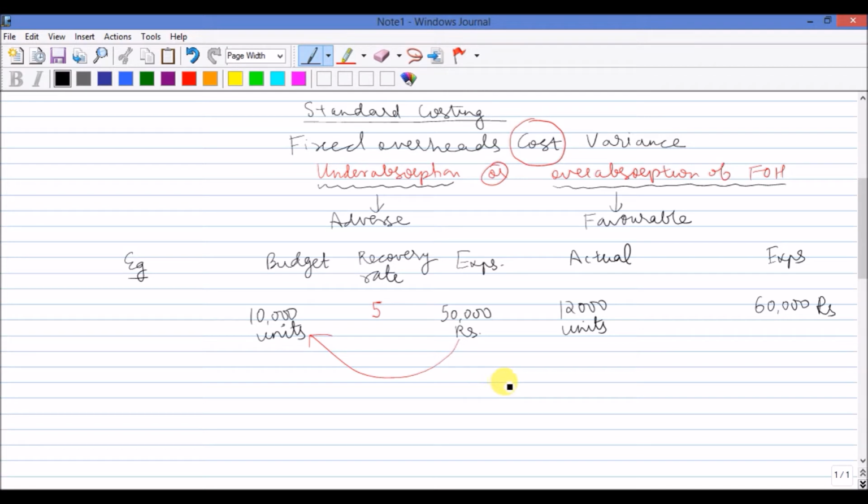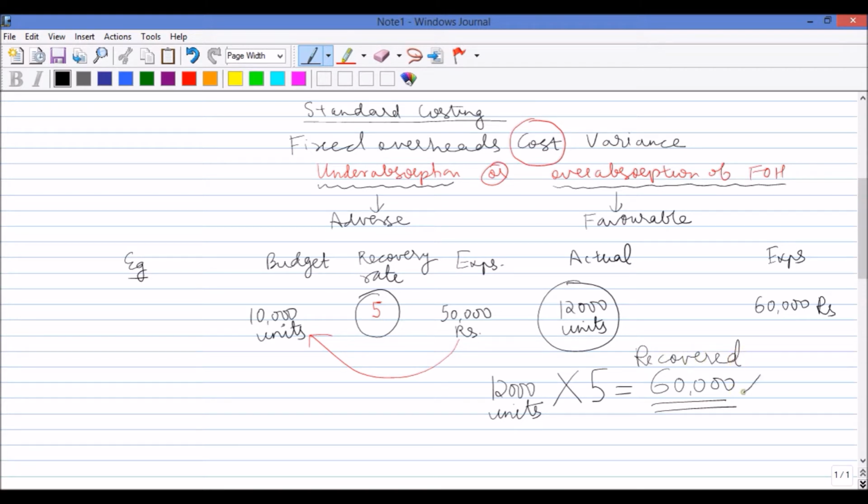I have sold 12,000 units, and my recovery rate is 5 per unit. In other words, 12,000 into 5, so I have recovered 60,000 rupees, and in actual also 60,000 rupees I have incurred. So in this example there is no variance, so I'll change my example.